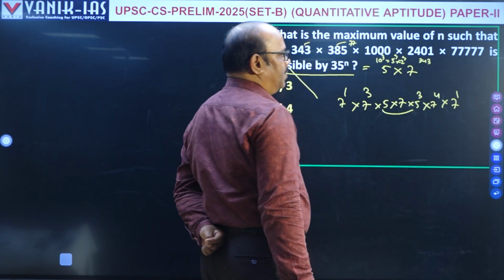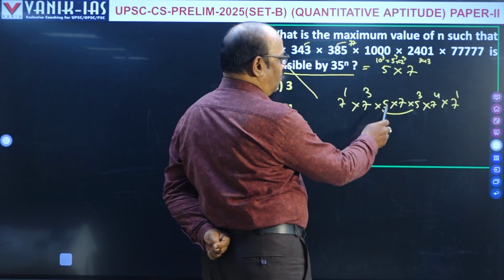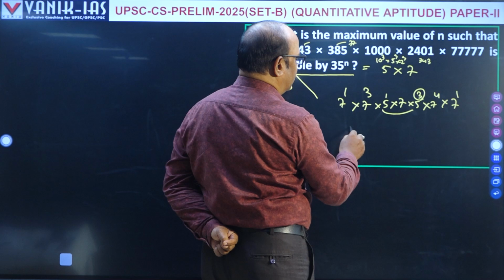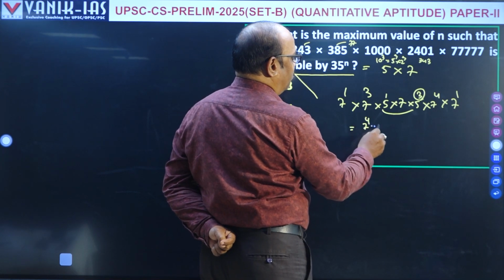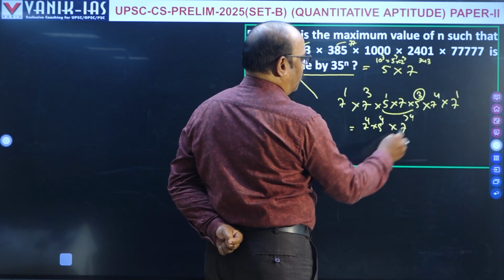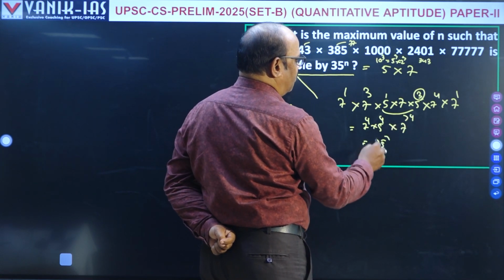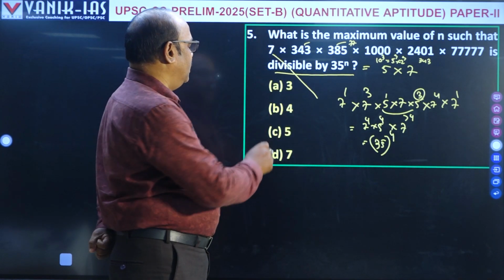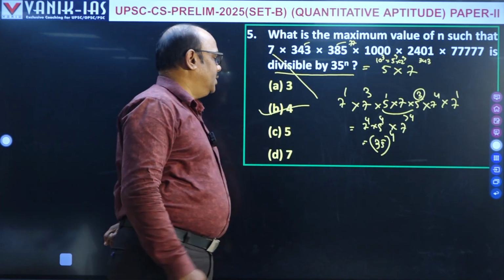So since 5 is very less, take only 5. So the 5 power is 3 plus 1, that is 4. That can be written as 7 to the power 4 into 5 to the power 4, which is 35 to the power 4. So the maximum power of 35 available is 4. That's option B.